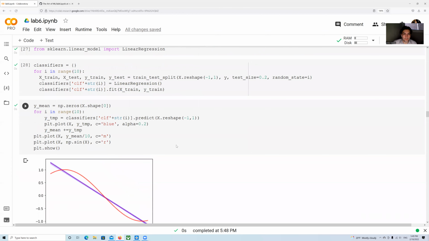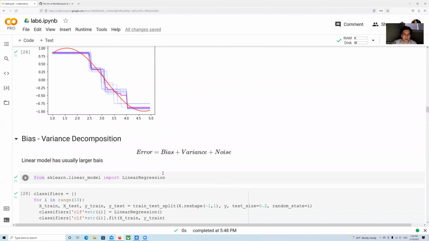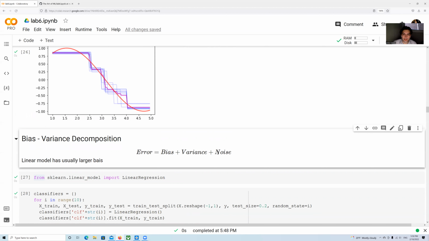How can we make bias smaller? Take a more complicated, more involved model. We can do nothing with noise, you remember?